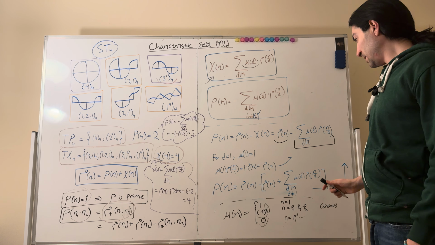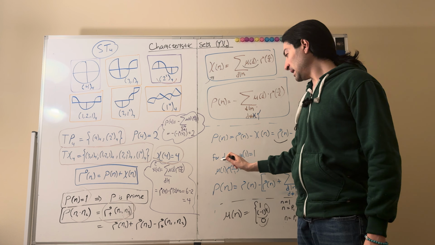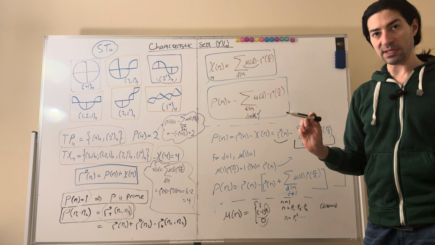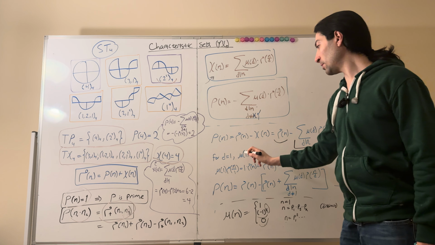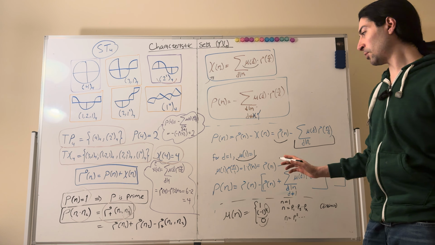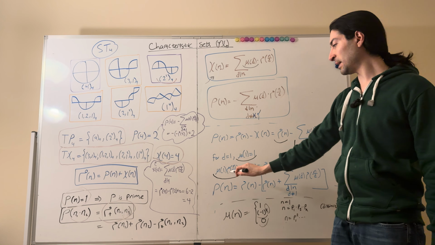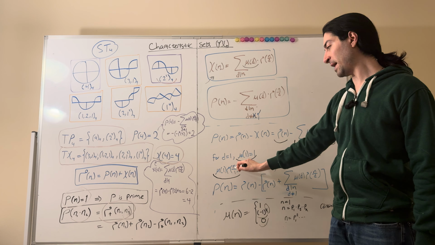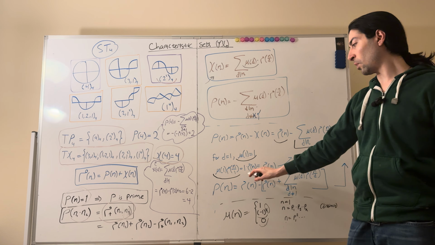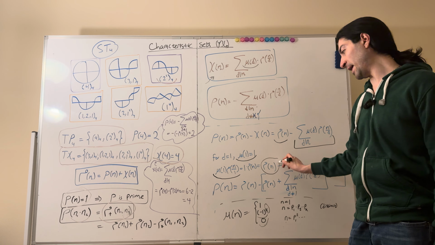Okay, let's continue. So we notice that whenever d is equal to 1, so the divisor is equal to 1, we know that mu of 1 is equal to 1. And therefore, we know this can be removed or simplified. Mu of 1 times Mem of n over 1 is equal to 1 times Mem of n, which is Mem of n.